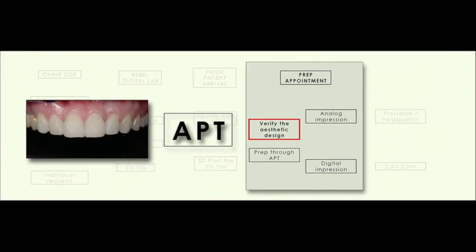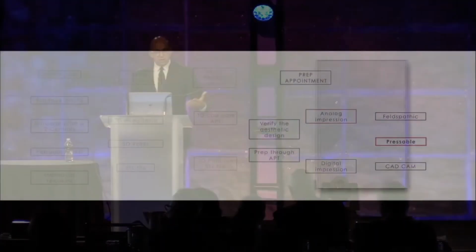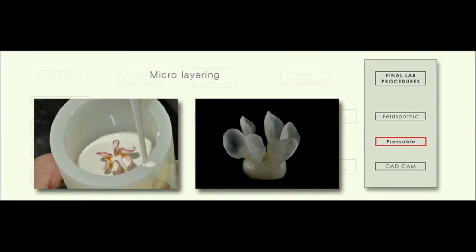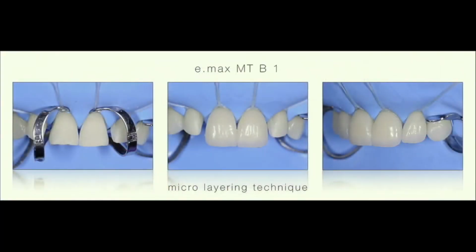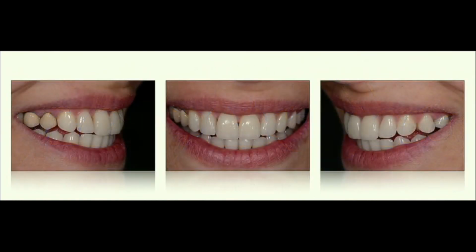And from here on, once the patient verifies the aesthetic outcome, then it's so easy. I prep through this as my third stage, make an analog impression, just like in this case, use pressable Emax, for example, and this is the final bonding in the patient's mouth in this case.